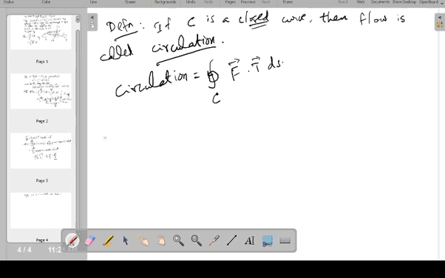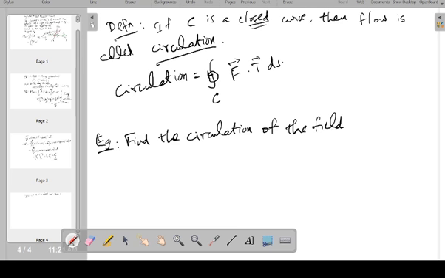We will do another example. Find the circulation of, circulation means you are given a closed curve, the field vector F equal to x minus y vector i plus xj.